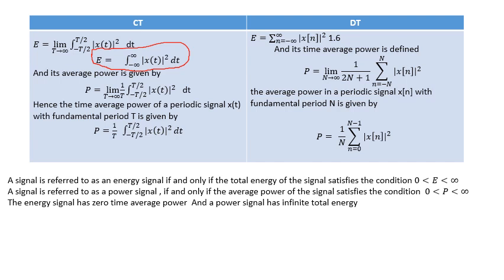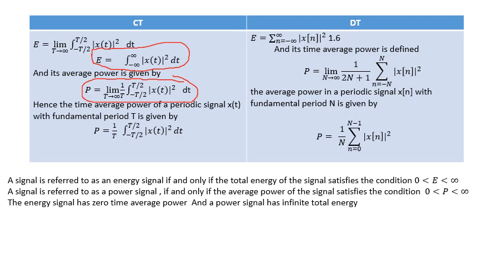So in case of an aperiodic signal, the period tends to infinity. So this is how we find the power. We have done this before, but I'm just writing it again so that you can know.